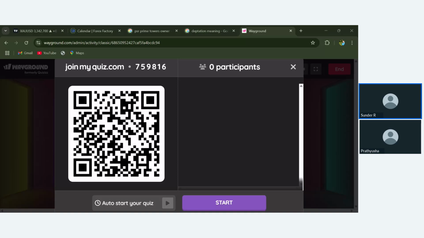Just a moment. You can scan the QR code.